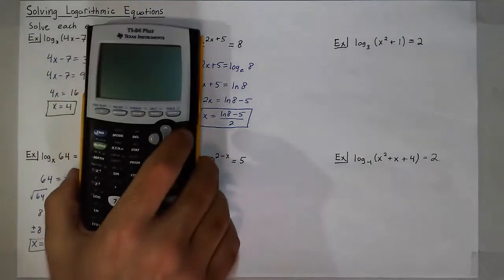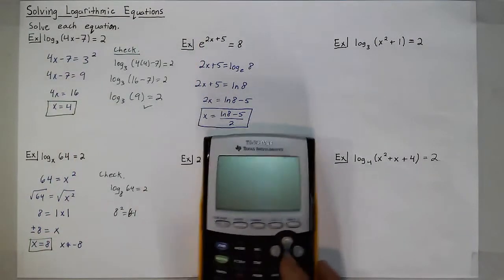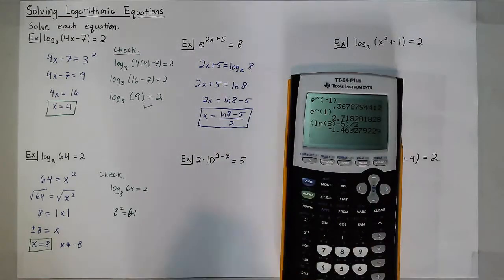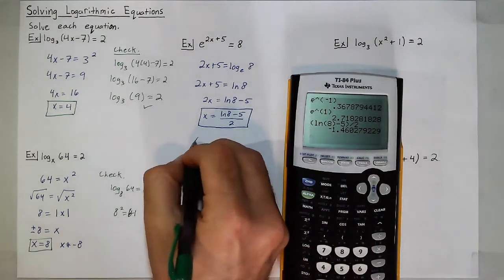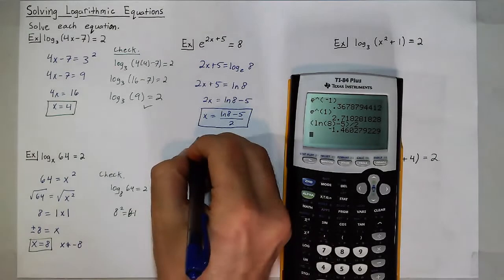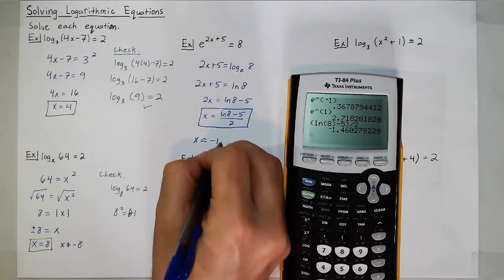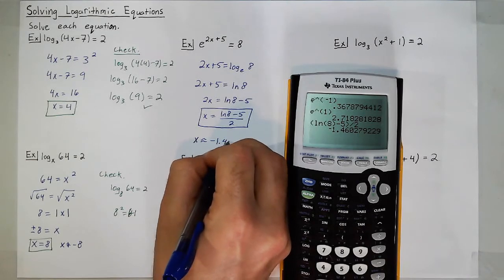So that's where we use our calculator in this instance. We have to plug in the natural log of 8 minus 5 all divided by 2. Its approximate solution to this problem would be x is approximately negative 1.46.